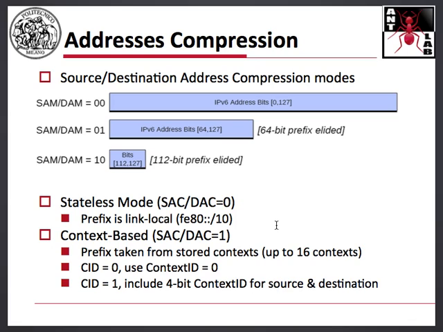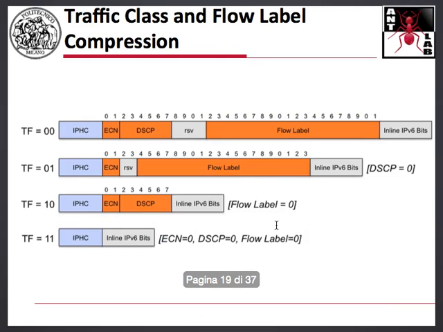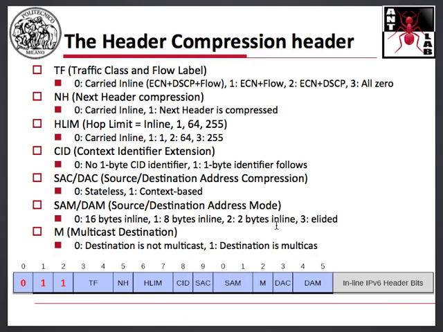So, the idea is the following. You take these four fields in the header compression header, okay, SEC, SEM, DEC, and DEM, okay, and depending on the content of these four fields, you can define different contexts in the sense that you can define different numbers of bits you can elide from the addresses you see in your IPv6 header. Okay?